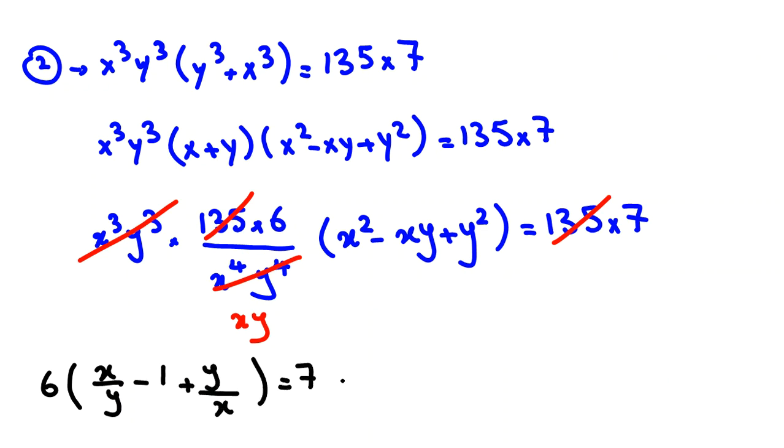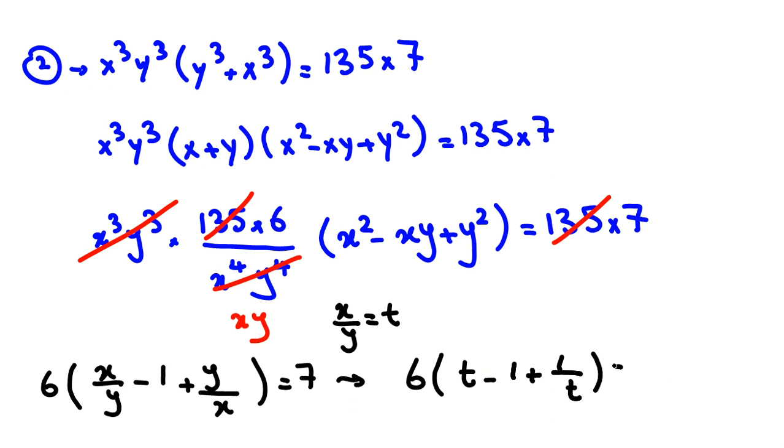So here, if we divide both sides by 6, x over y minus 1 plus y over x equal to what? 7 over 6, or let's just not divide it. We don't need to divide. Let's just use the changing variable x over y equal t. So it will be 6t minus 1 plus 1 over t equal to 7.